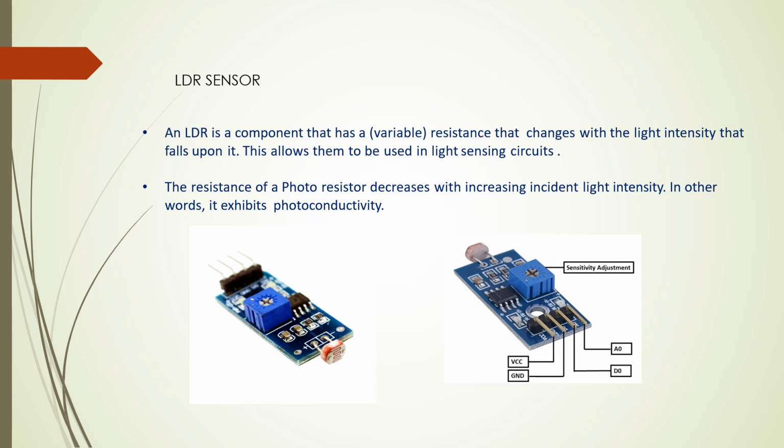This is a side view of an LDR sensor, and this is a front view. This is the sensitivity adjustment, so we can adjust this. We read the pins from left to right. The first is VCC, the second pin is ground, the third is digital output, and the fourth is analog output.